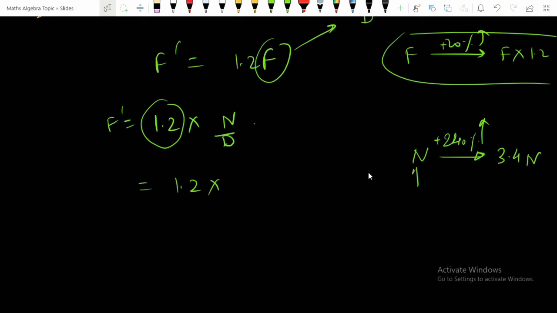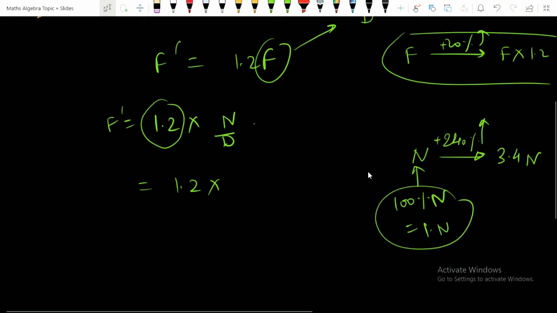Because already it is 100 percentage of n, that equals 1 into n. So 100 plus 240, that is 340, directly I can say 3.4. Always add 1. Suppose it is 20% increase, what will I write? 1.2. If I am increasing 100%, we can write 2, 1 plus 1. That's why 3.4 into n.